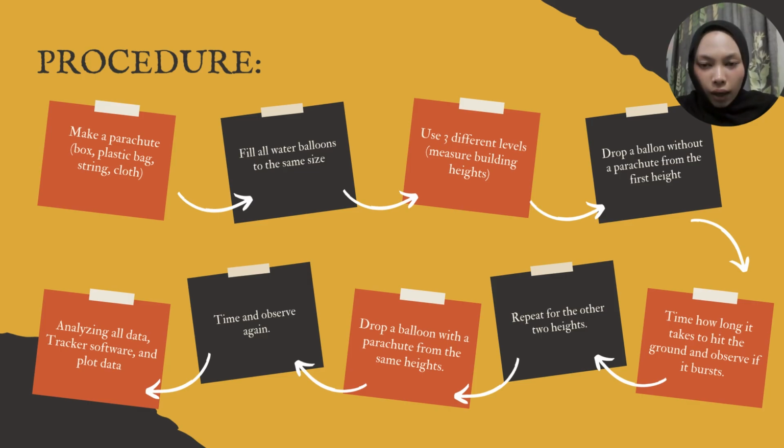After that, we dropped a balloon without a parachute first from the first height, and then we took the time the water balloon took to fall and observed whether the water balloon burst or not. Next, we repeated all the steps for the other two heights.